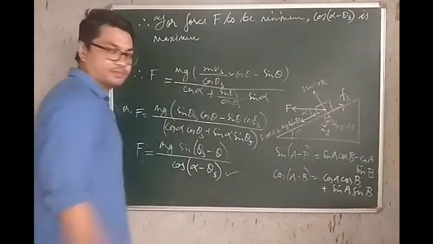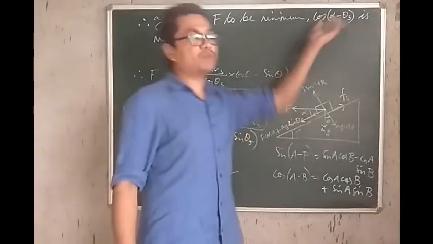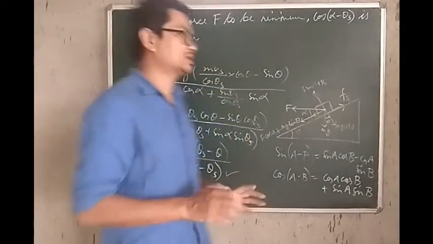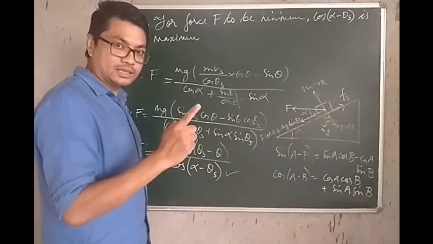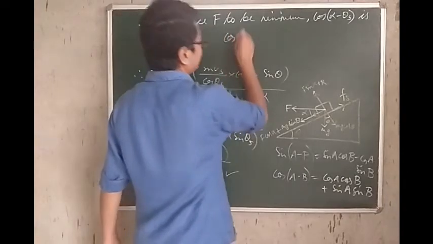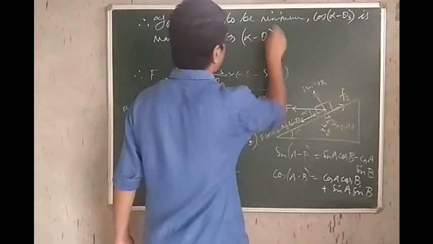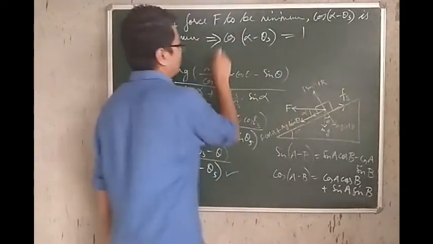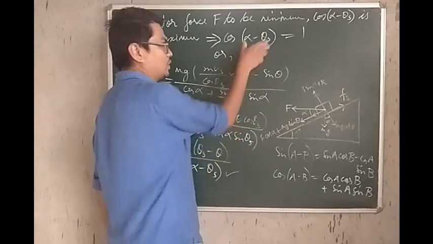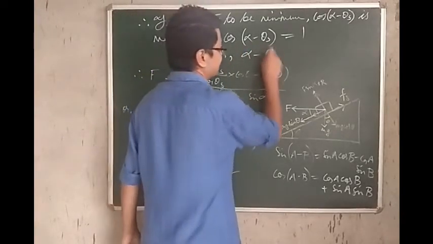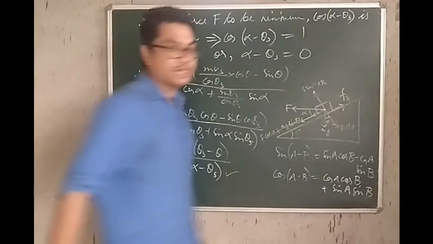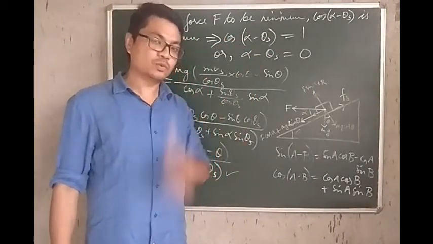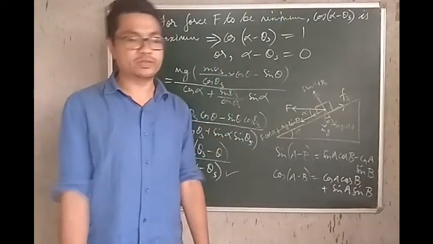Now what is the maximum value of cos of any angle? The maximum value of cos of an angle is 1. So cos(α minus θs) has to be equal to 1, which further tells us that α minus θs is equal to 0, because cos θ will have maximum value 1 when the value of θ itself is 0 degrees.